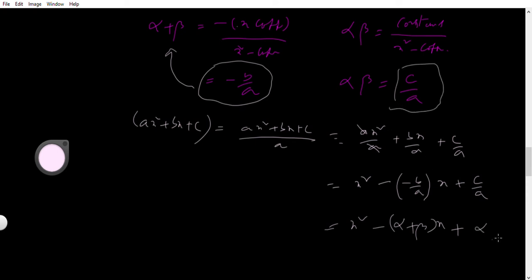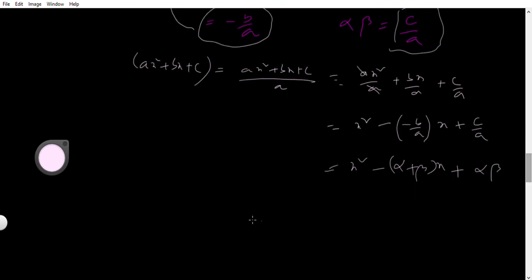Now coming to the first bit, the sum of zeros is 1 by 4 and alpha beta is equal to minus 1. Very simple, we can write x square minus alpha plus beta, which is 1 by 4, times x, plus alpha beta, which is minus 1.